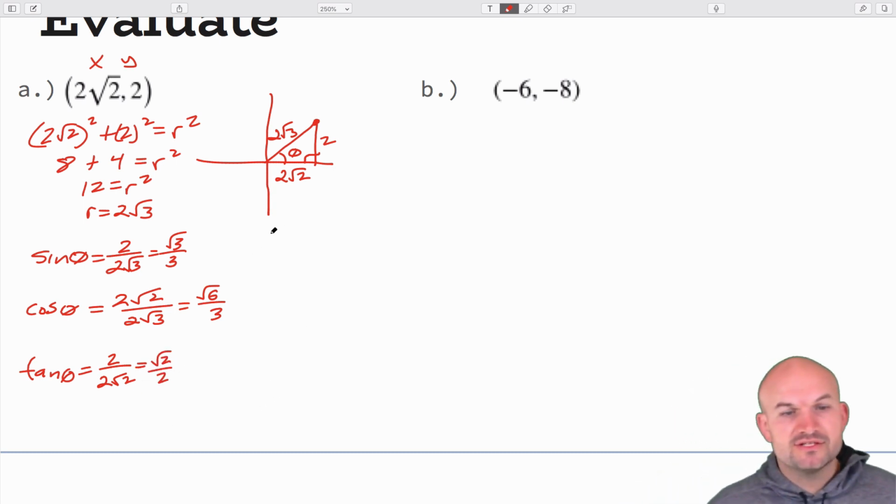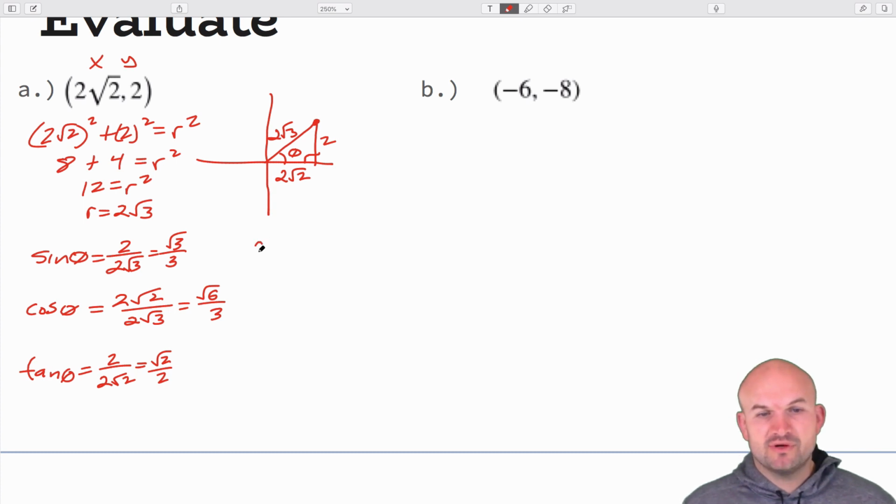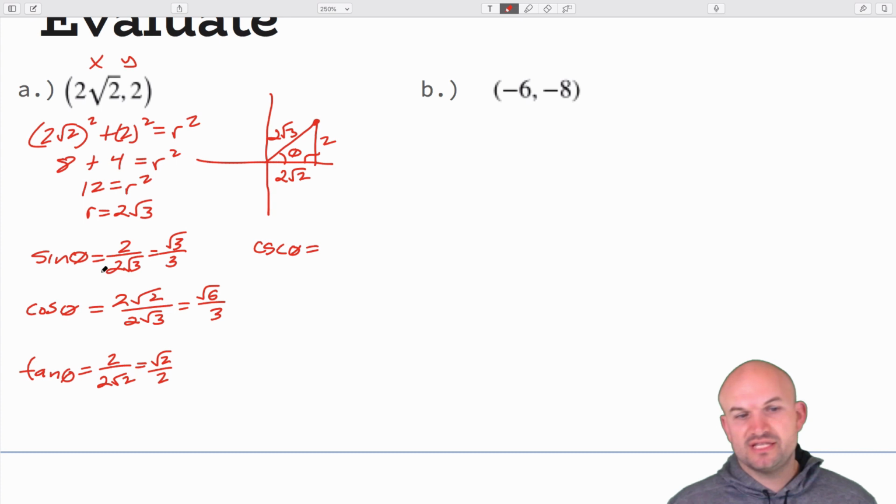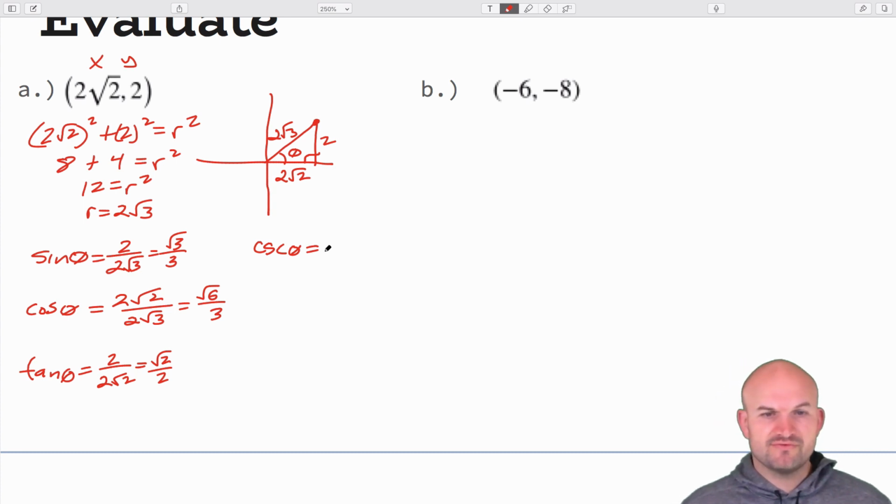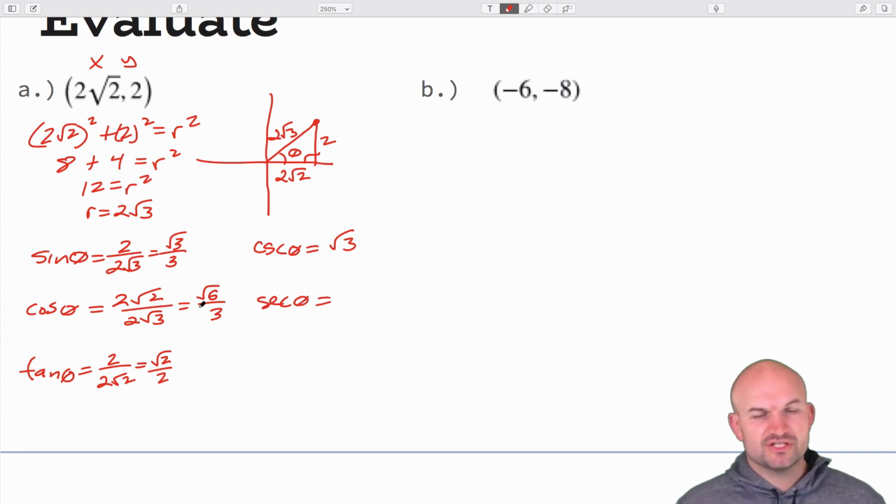All right, so now let's go ahead and get into the reciprocal functions. So we have cosecant of theta, which is going to be just this reciprocal here. So just flip that over. That's going to be the square root of 3. Here we're going to have secant of theta, which is, really the 2's divide out, so I'll just leave it up there: square root of 3 over 2 square root of 2.